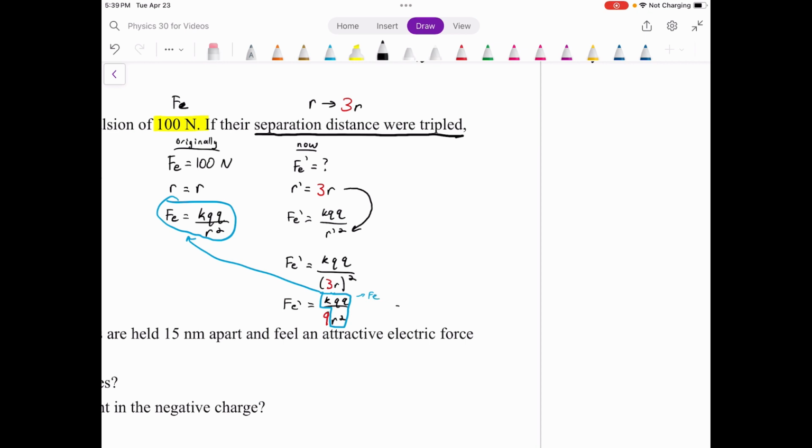Or if you really want to show it, it's 1/9 times our original electrostatic force, 1/9 times Fe, or Fe over 9. So that means it's 1/9 times the original force of 100 newtons, which comes out to be 11.1 newtons to 3 significant digits.